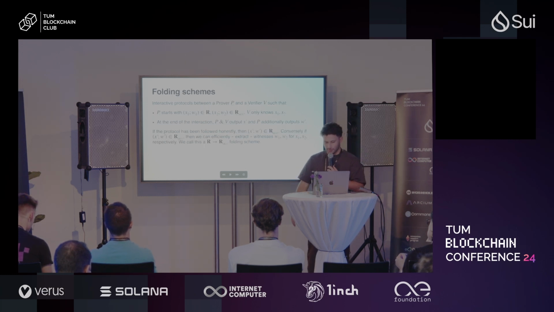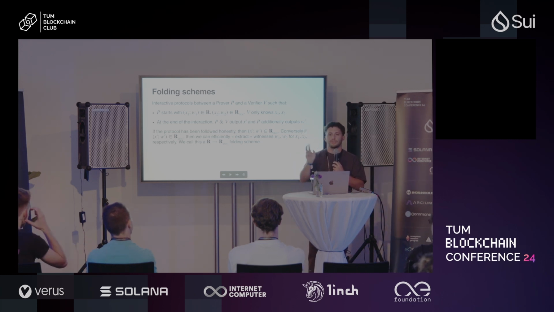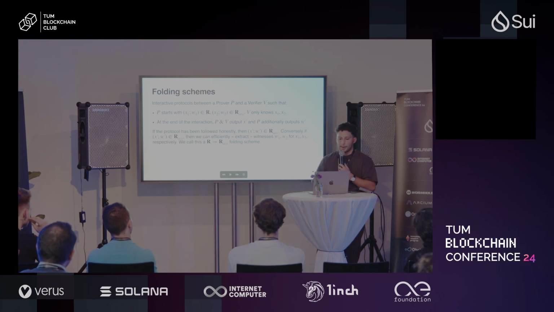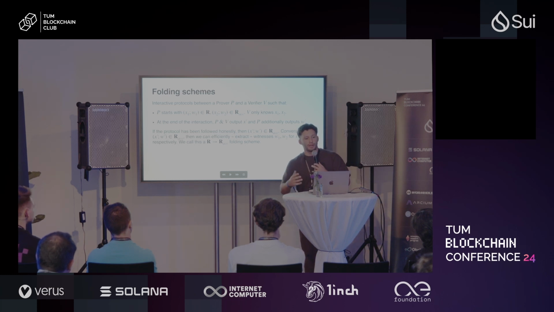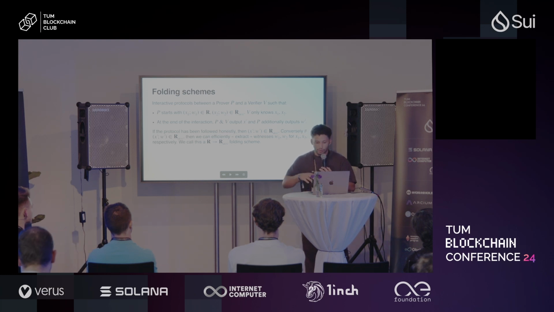So folding schemes, which were also called accumulation schemes in the previous talk, are just an interactive protocol between a prover and a verifier, such that you start with two instance witness pairs in two relations, say R and R accumulated, and V only knows the instances. Then they interact in some way, and in the end they output a new instance, and P additionally outputs a new witness. Now you want some basic security properties, which are completeness and knowledge soundness.